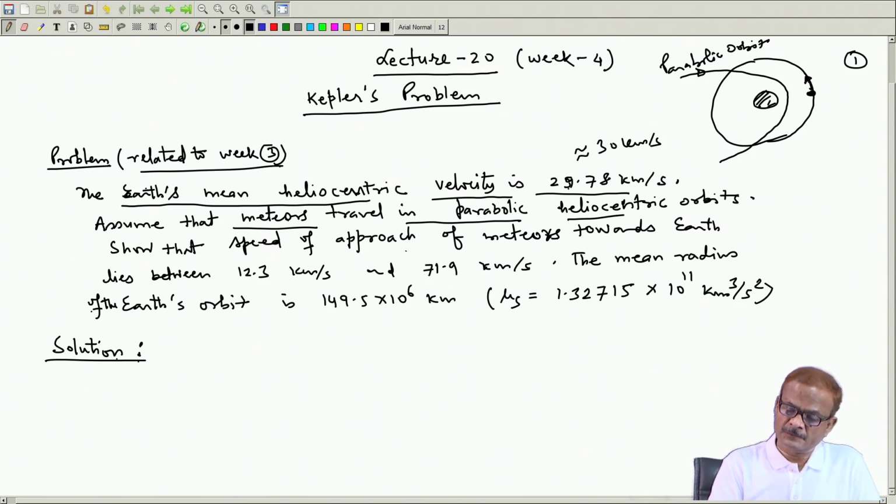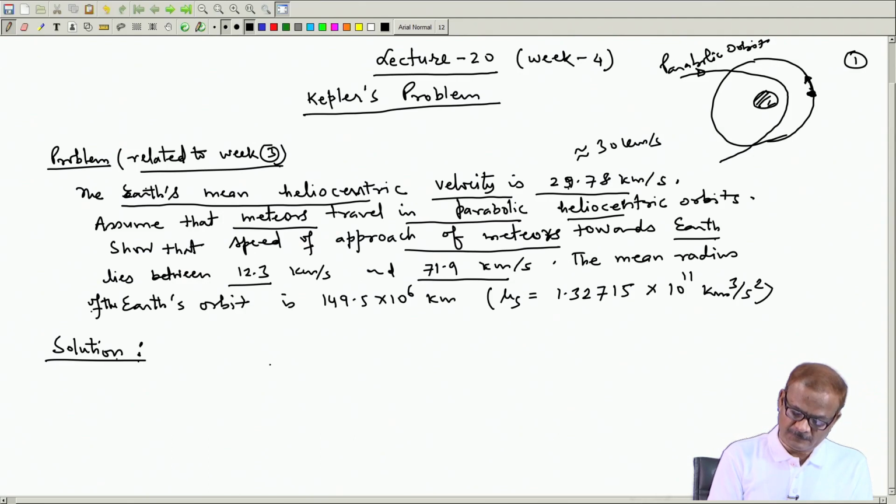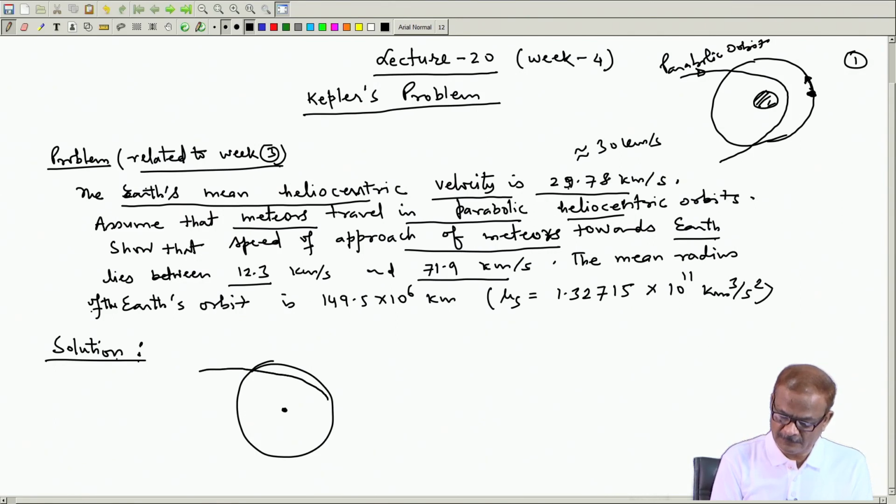So that the speed of approach of meteors toward the Earth lies between 12.3 kilometers per second and 71.9 kilometers per second. Let us say this is the orbit of the Earth, and your meteor is coming about this orbit, coming like this and going like this.